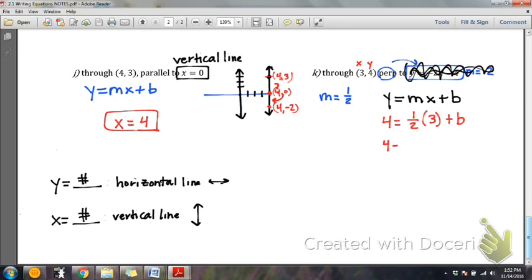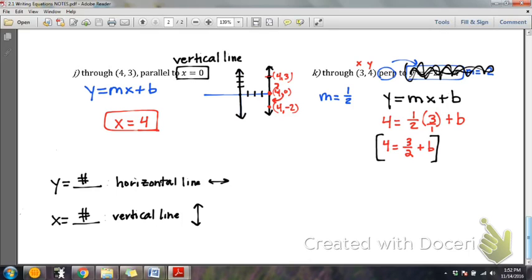Now I have 4 equals, do not use your calculator, 3 over 2 plus b, because that was 3 over 1, so we multiply across. Now, we have a fraction. How do you get rid of a fraction in a problem, Emily? Multiply by the denominator.